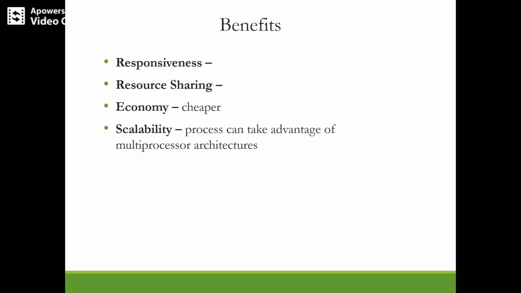The benefit of code sharing is that it allows an application to have several threads of activity in the same address space. Whatever address space the process is using, the resources will be shared from the process to its several threads. That way it is much cheaper.